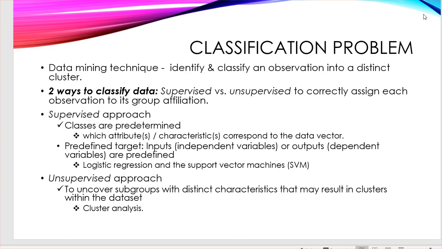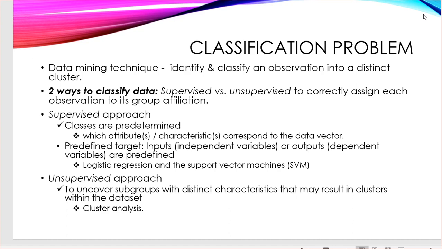So what are the targets? Targets can be either inputs, or sometimes we call them independent variables, or outputs, or sometimes we call them dependent variables. We essentially tell the computer algorithms which independent or dependent variables correspond to which data vector.